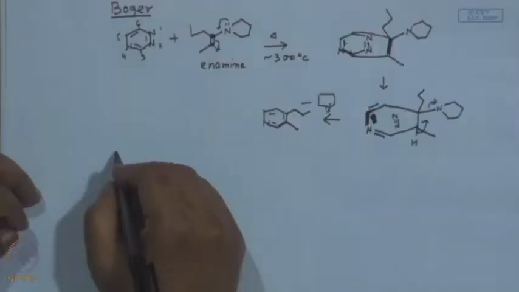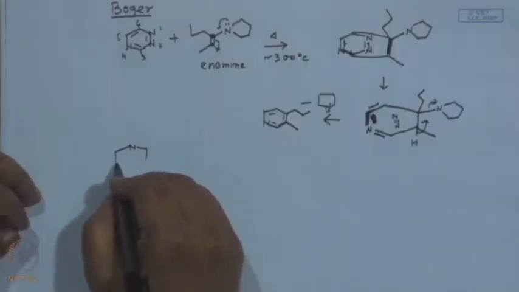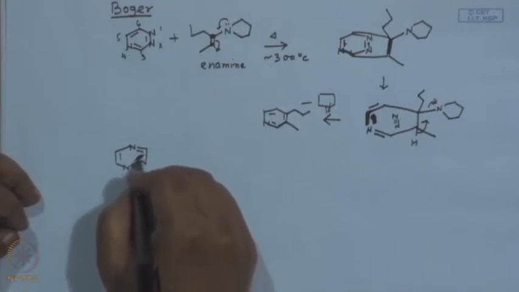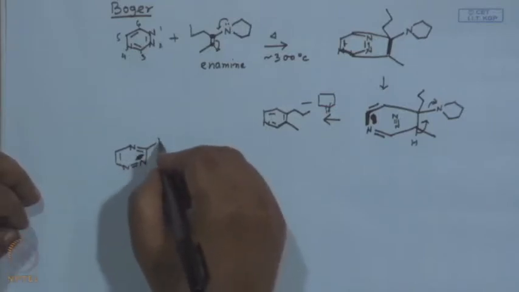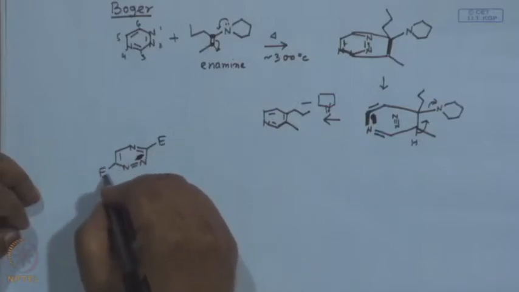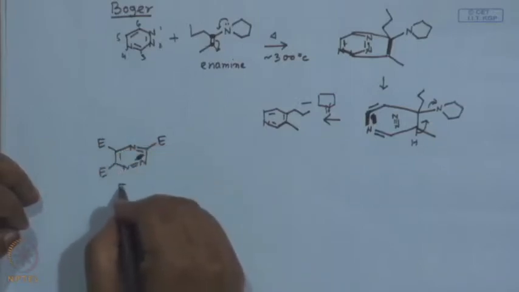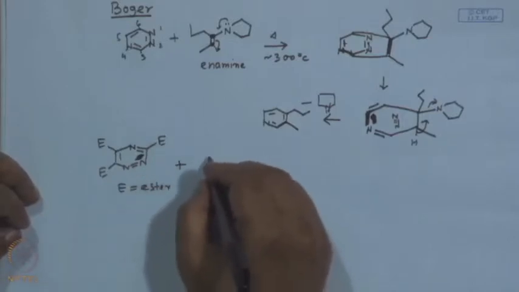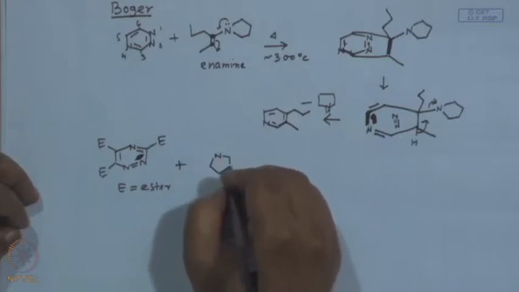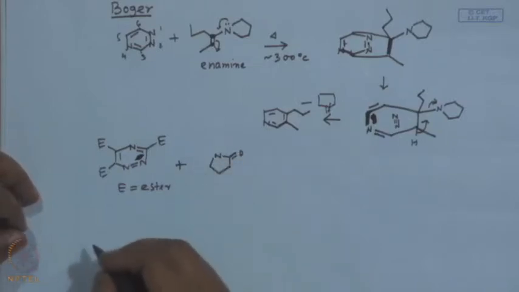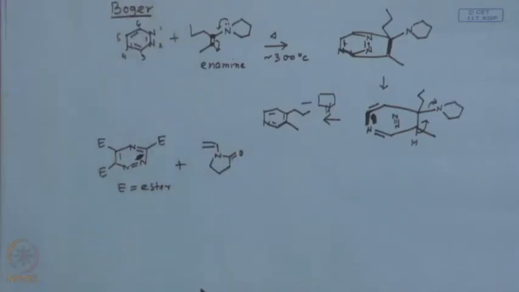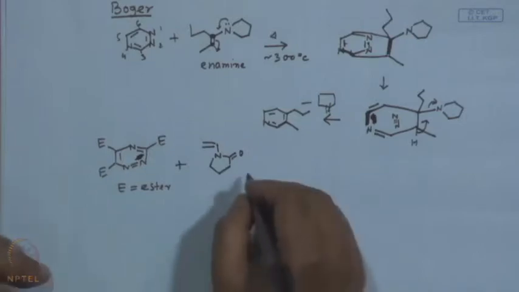There is one more example I have, where you have again a triazine, and now all 3 positions are substituted by ester, E actually in ester, fine, and this is N-vinyl pyrrolidinone, and I heat it.